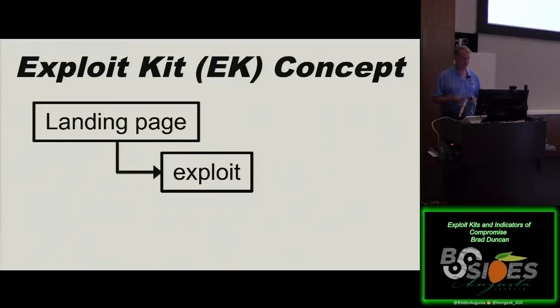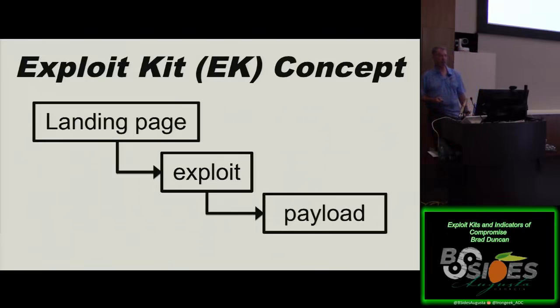And if that exploit is successful, as leveraged by the exploit kit, it will send a payload, which is your malware that will infect your computer. Once again, all this is behind the scenes. But this is your block diagram of the chain of events within the exploit kit.